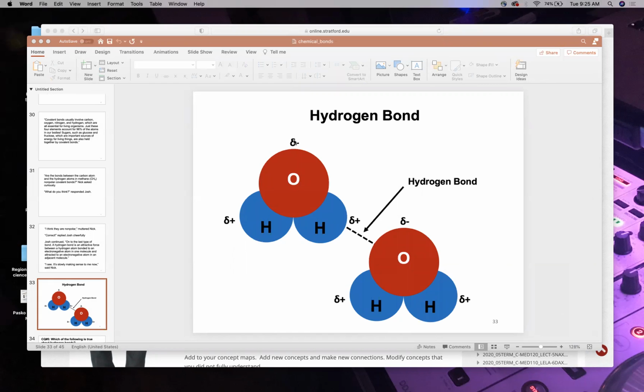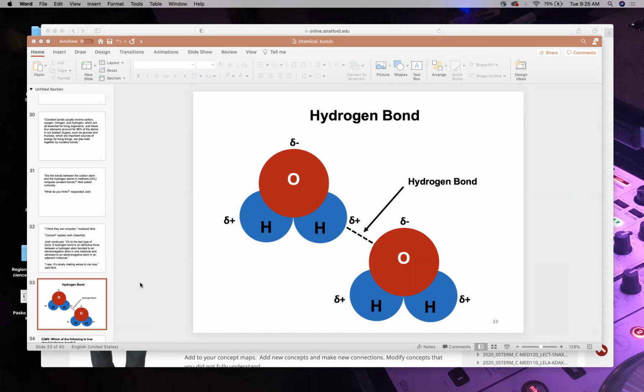The partial positive will start pulling at the negative, which is the chlorine. The partial negative will start pulling at the positive, which is the sodium, and it'll pull it apart. The salt looks like it disappears, but if you drink that water, it didn't disappear. It's there in solution. That's one of the wonderful properties of water, which we'll discuss.